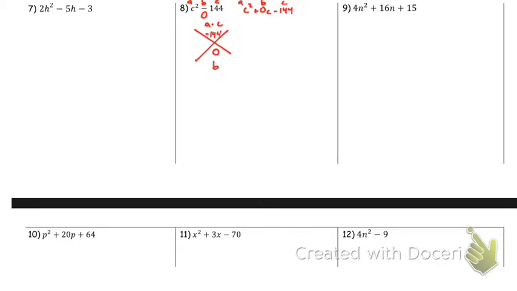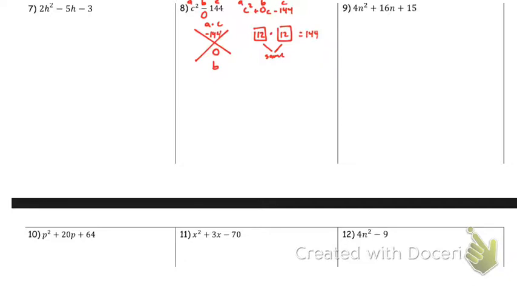So we're trying to look for two numbers to multiply, and when we have a B value of 0, these two numbers have to be the same number. For example, 12 times 12 gives me 144. But when I add them, 12 plus 12 gives me 24. I need it to be 0, which means I also need this guy to be negative.